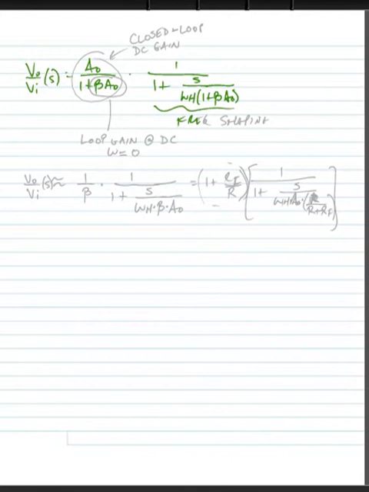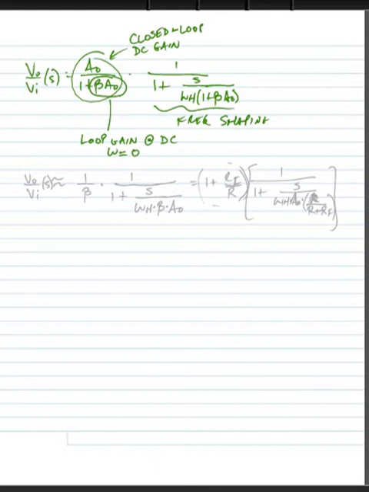So again, frequency shaping, DC gain. This term beta times A naught is called the loop gain. And of course, this is the loop gain at DC, or omega is equal to 0. All right, this is actually called the closed loop DC gain. We want to use proper terminology here.